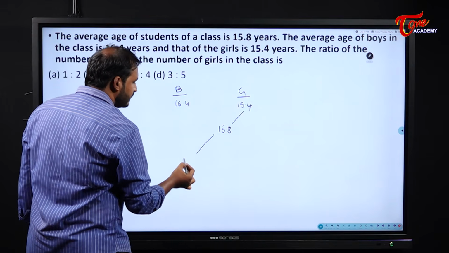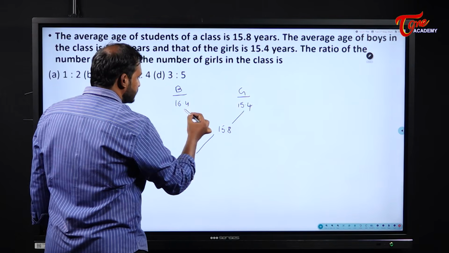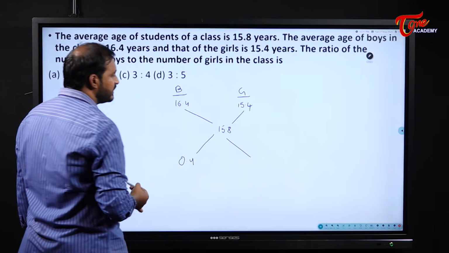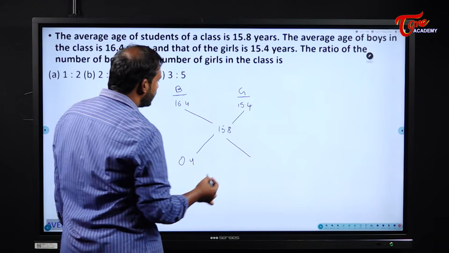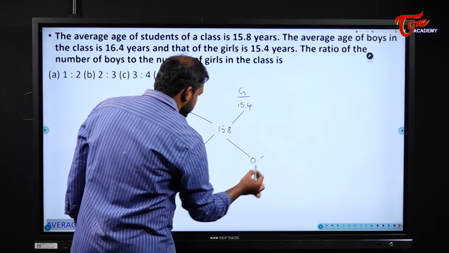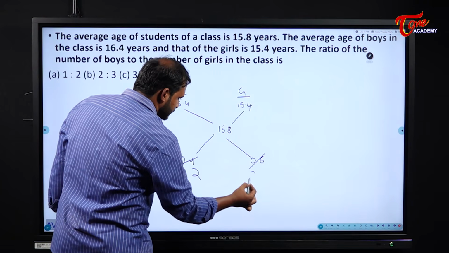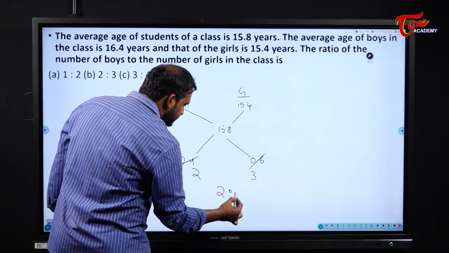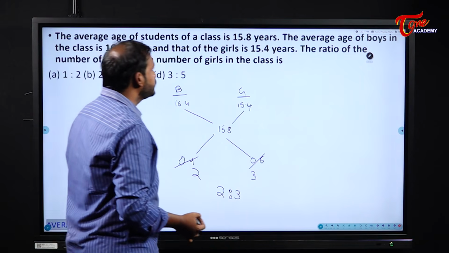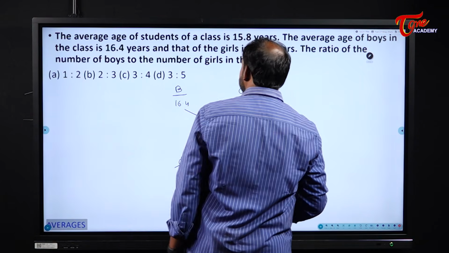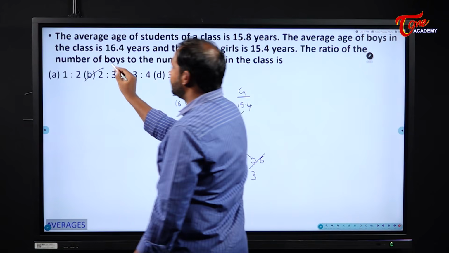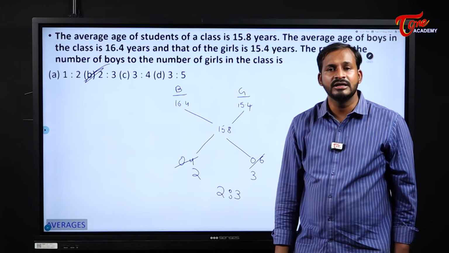What is the difference here? We will have 0.4, and 16.4 minus 15.8 becomes 0.6. So 2 times, 3 times. So boys to girls are in what ratio? 2:3 ratio. Boys and girls are in 2:3.